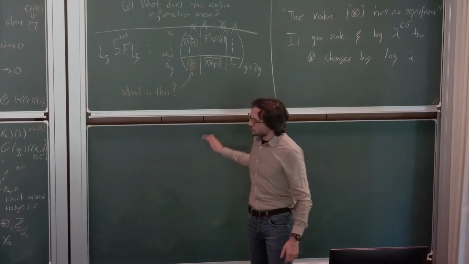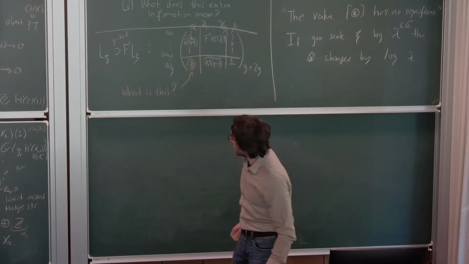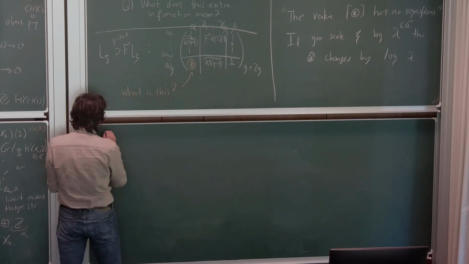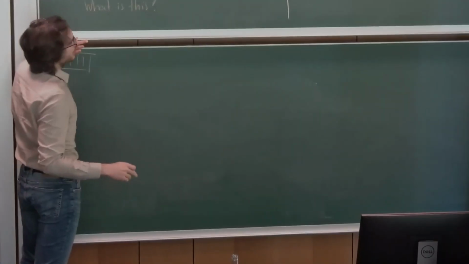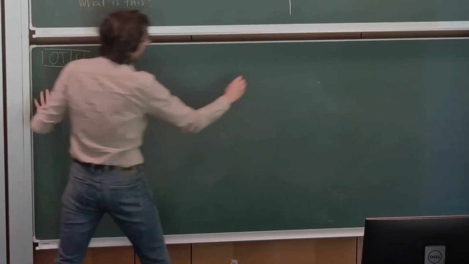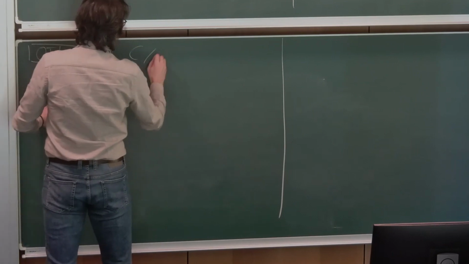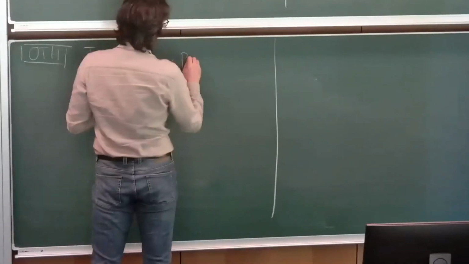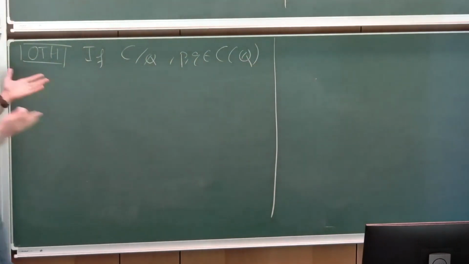But even better, you can simplify it. I'm going to assume as little as possible, and here's the minimal version. You could have taken the base to be a curve, but even less. On the other hand, this says there's no meaning, but if our central fiber is X0, with normalization C, let's say C is defined over Q, and so are the two points, so they're rational points of C. Of course, any number field would work.